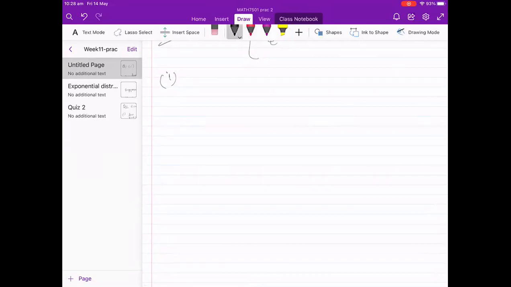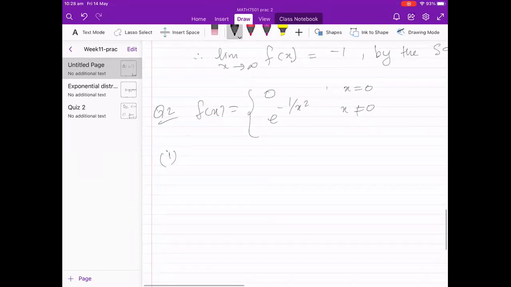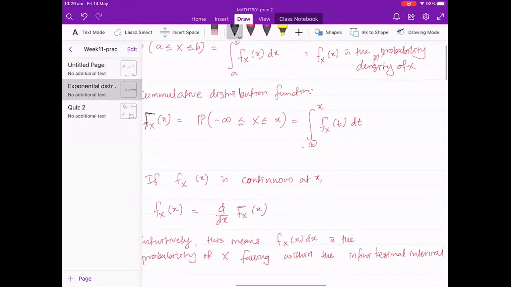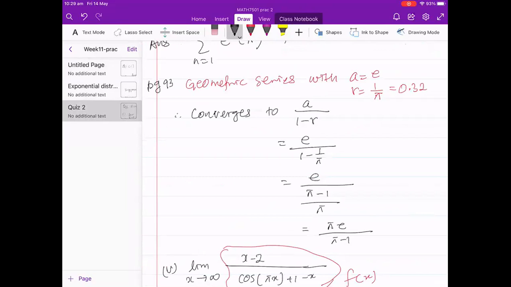All right, what do we have to do for this question? Show that f is continuous at any non-zero value of x. The exponential function, I have done this before.